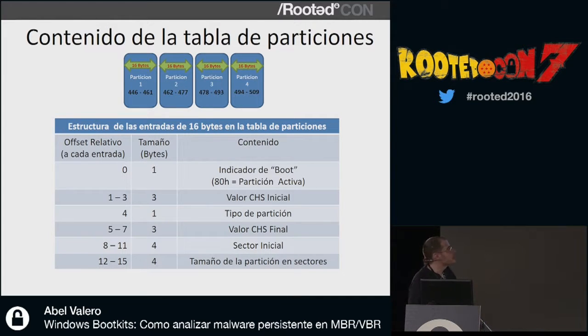Each partition table created on the system has an identifying value. For instance, in the case of a swap, there would be a different number. 80 means active for a Windows partition.